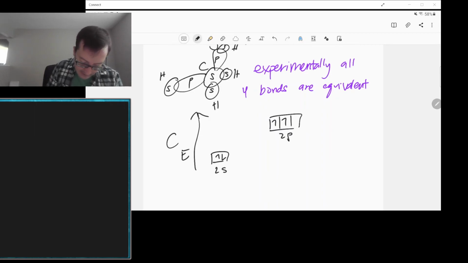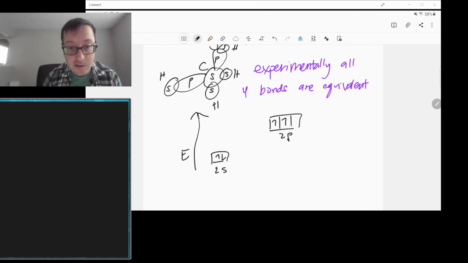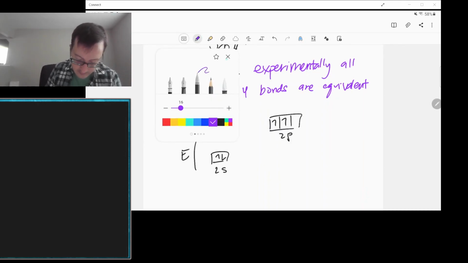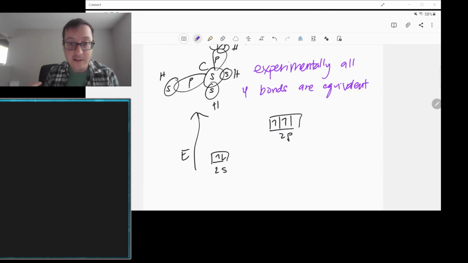If we take a look at the energy, 2s electrons are lower energy than 2p electrons are. So what it's going to do is sacrifice some of the stability, the lower energy of the 2s, to bring the 2p orbitals lower in energy. They're going to hybridize.